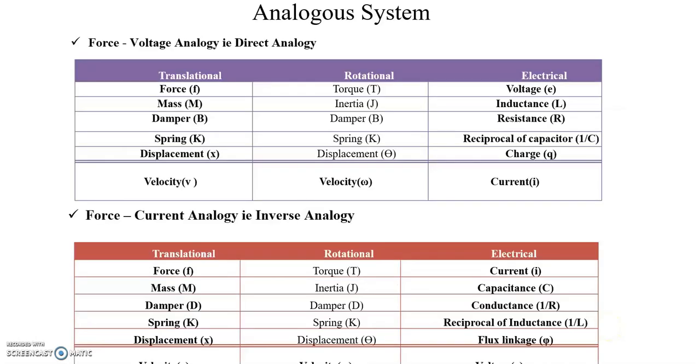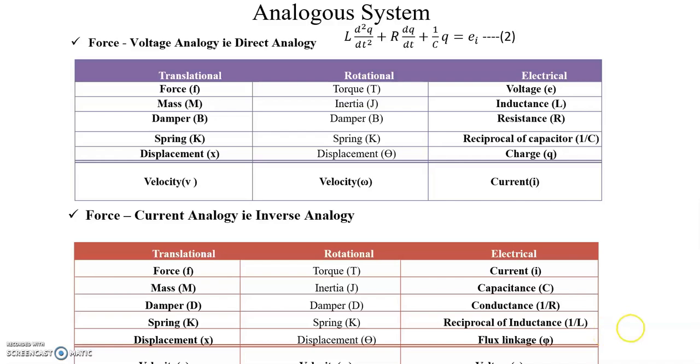Next, this table shows the force voltage analog, that means the direct analog. In the previous slides I derived the RLC series and RLC parallel circuit equations.